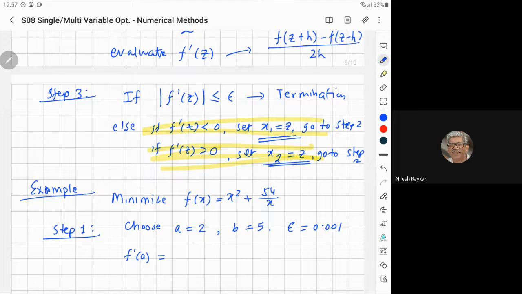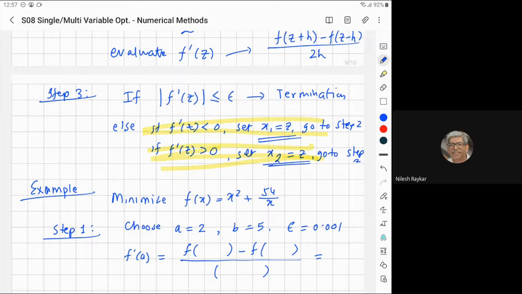Okay, so f dash a we have to calculate. We know the central difference formula is f of x plus h minus f of x minus h, divided by 2h.